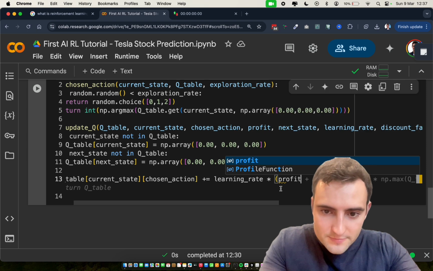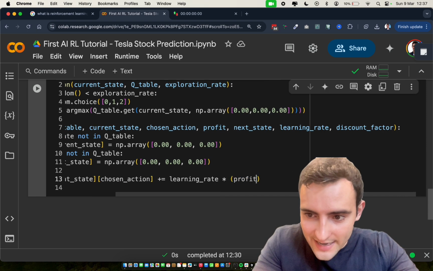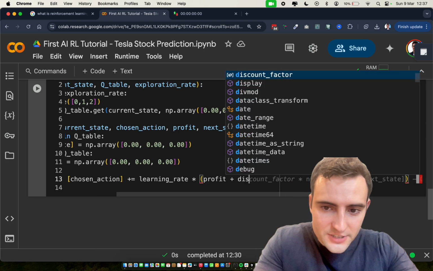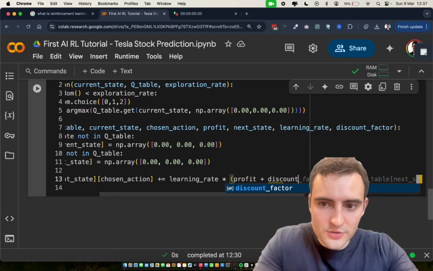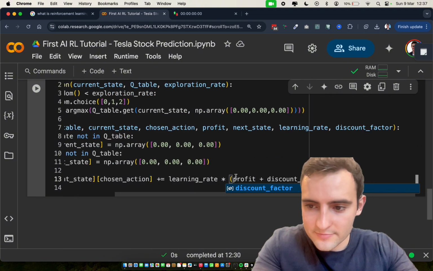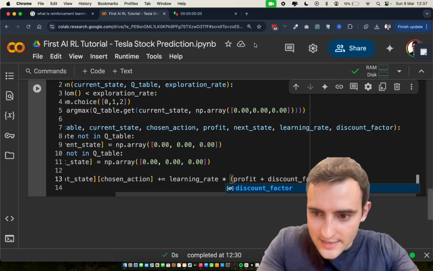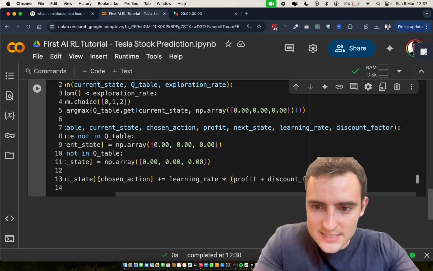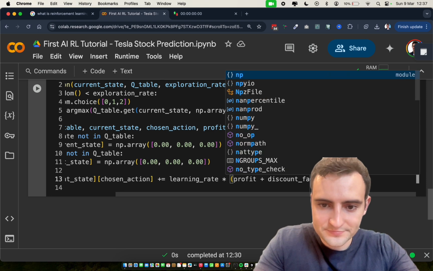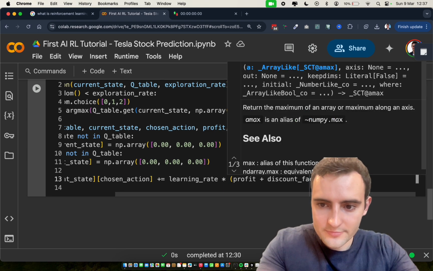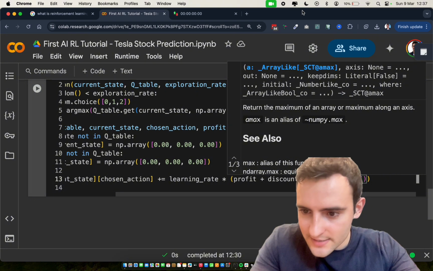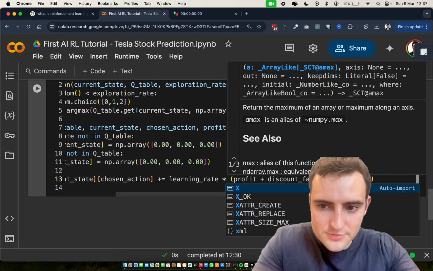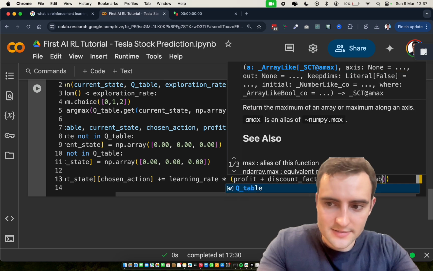And we write the profit, which is the profit that we made in that moment from that action, plus a discount factor, which means it doesn't over rely on that factor. And we do a discount factor times np.max, which is the maximum amount, np.max of the Q table, which is the last result that we had when we did that.